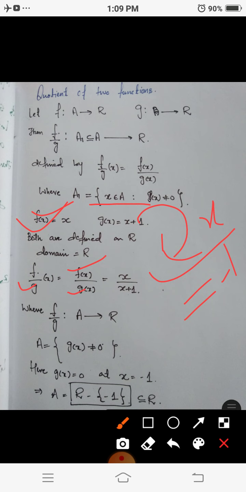So we have to remove minus 1 from the domain. When we remove minus 1, the domain becomes R minus {minus 1}. This becomes the new domain, and it is a subset of the given domain. In this way you can define the quotient function of any two functions.